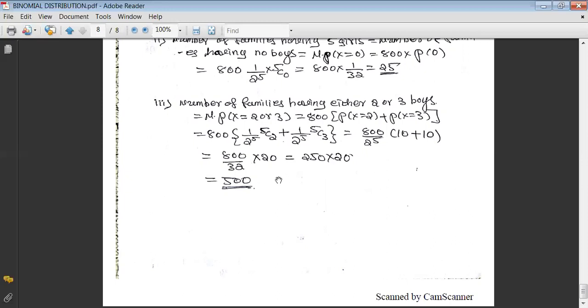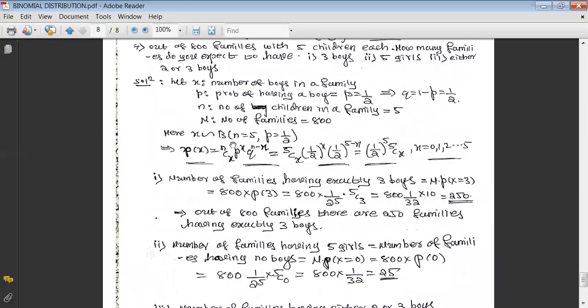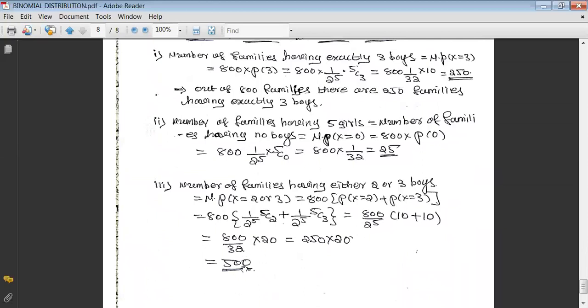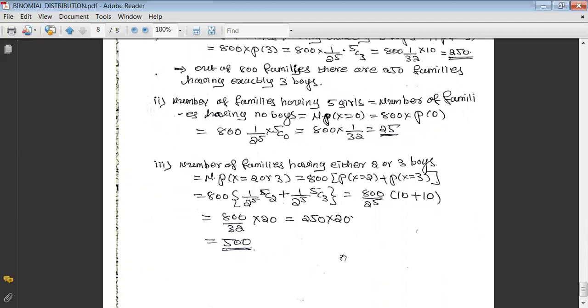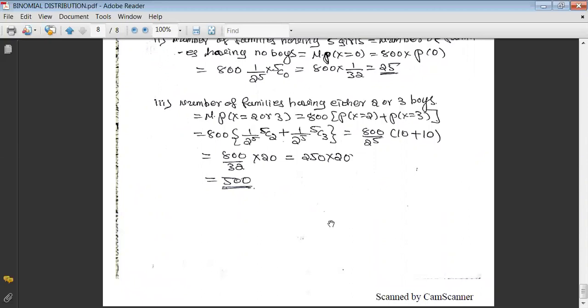That indicates out of 800 families with 5 children, there are 500 families having either 2 or 3 boys. That will be the required frequency, that is the number of families having 2 or 3 boys.